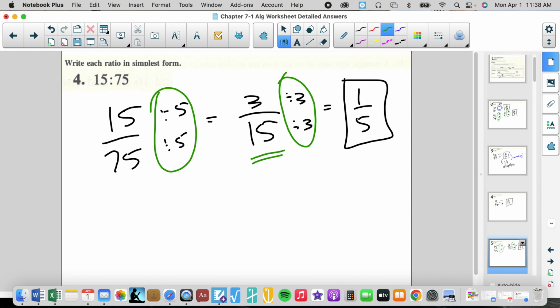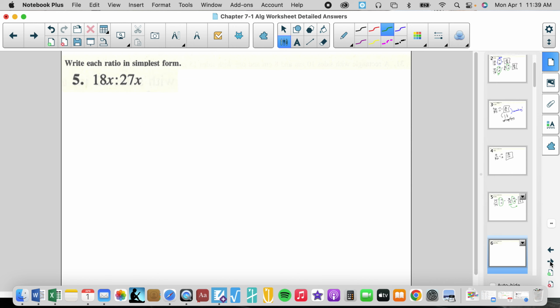And we always have to check, make sure that we still can't simplify after we reduce it by a common factor. Right, so is that good? Yeah, 5, 7, that's good.